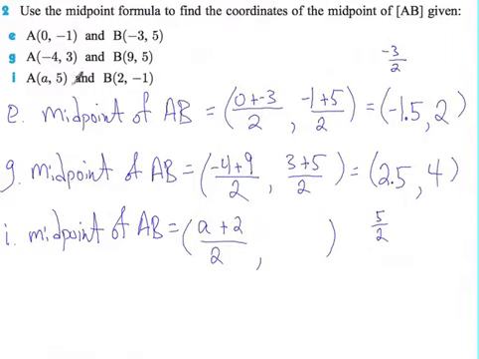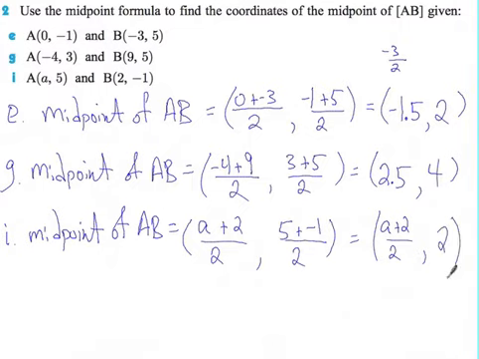Halfway between the y's, 5 and -1. Halfway is 5 plus -1 divided by 2. It cannot be reduced. 5 minus 1 is 4. 4 divided by 2 is 2. That is the midpoint.